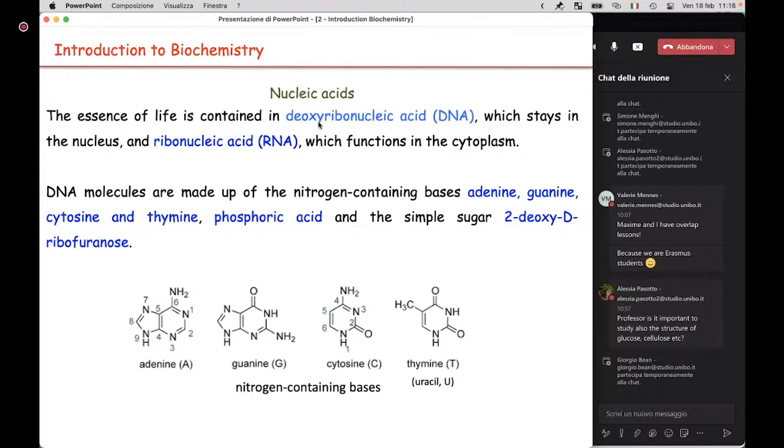Since it is called deoxyribonucleic, we call it simply deoxyribose. And connected to another position of the deoxyribose molecule, we have a phosphoric acid molecule, okay? This is the building block of DNA.